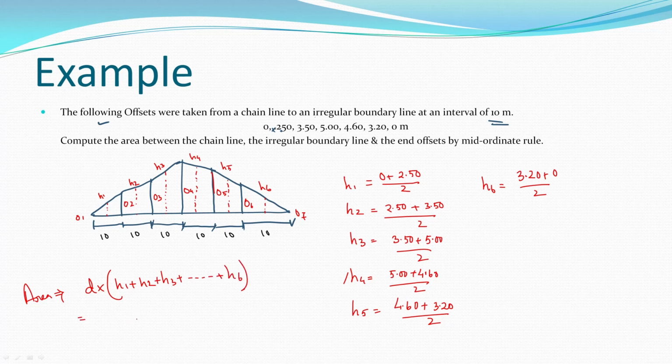So ultimately if you solve this, the result you will get is 188 meters square, because the value of d is 10, and after adding all these values you will get 18.80. So ultimately the answer will be 188 meters square. Okay. So in this way you can apply the mid ordinate rule and get the answer. So, thank you.